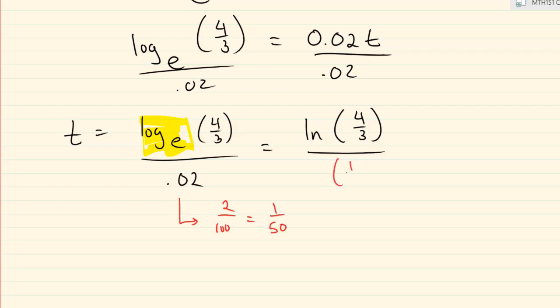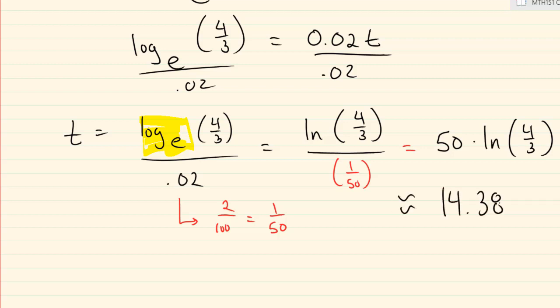So instead of dividing by 1 over 50, we could multiply by 50 over 1, and that will give us 50 times ln of 4/3, which if we plug it into a calculator we'll get approximately 14.38 years. And that's the amount of time it will take the towns of Annville and Brinker to have the same population.